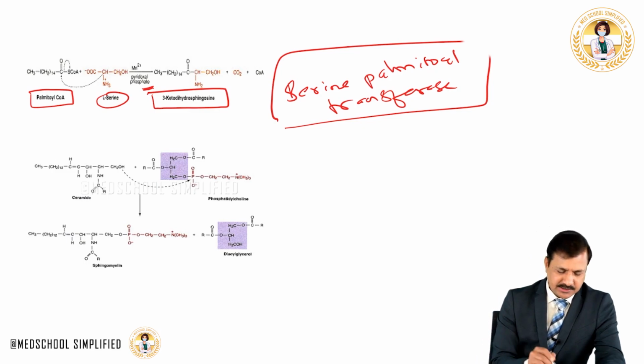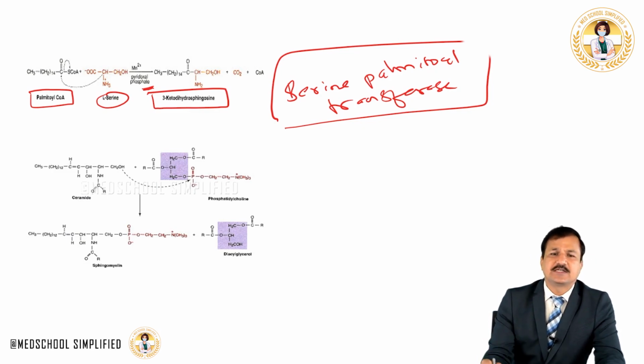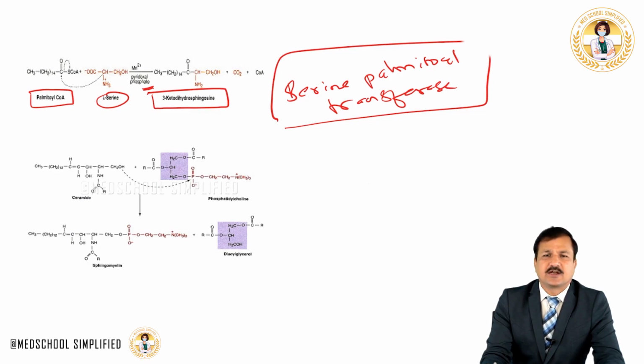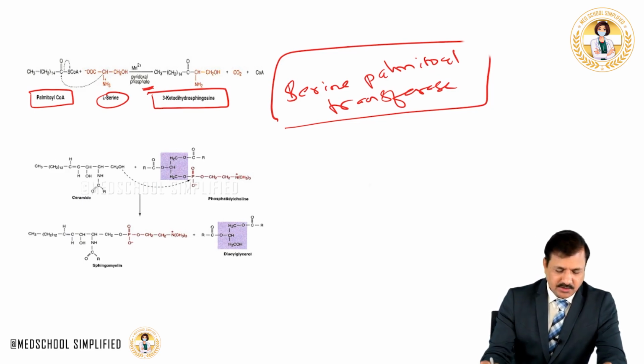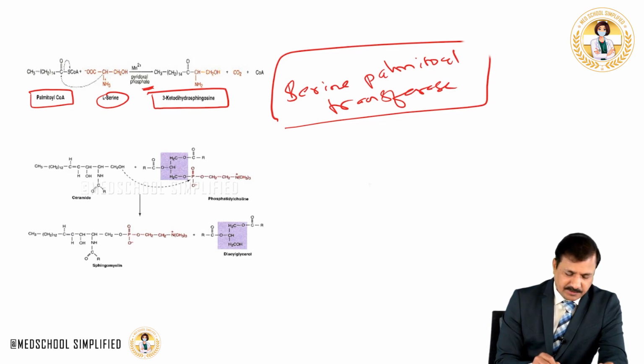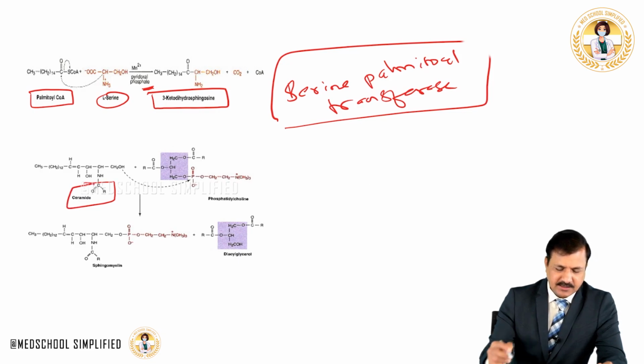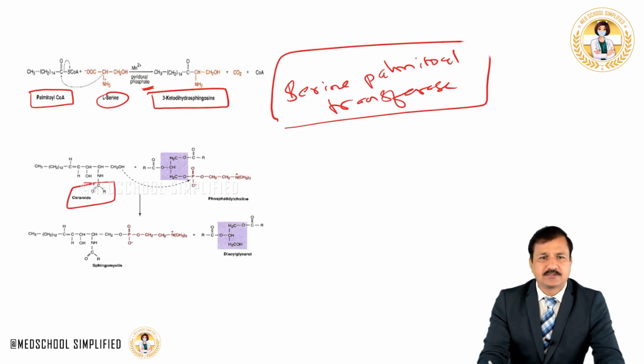Now to this sphingosine, a fatty acid is attached. So ceramide, as I said earlier, is a long chain fatty acid amide derivative of a sphingosine. As you see here, to sphingosine, especially to the amide group, there is an attachment of a fatty acid, and that is how a ceramide is made.